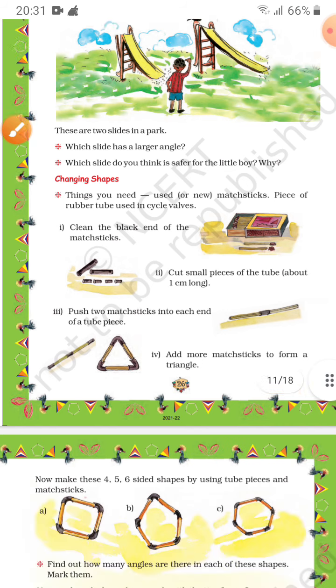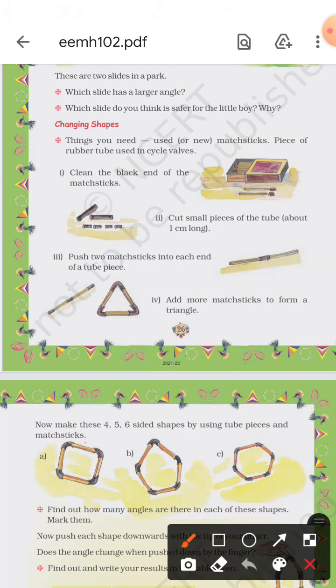Okay, now here, changing the shapes. So things we need first: the new matchsticks, a piece of rubber tube used in cycle valves. Already we have seen this rubber tube. Now first of all, clean the black end of the matchsticks. We know there are black ends of the matchsticks, so we have to clean them.